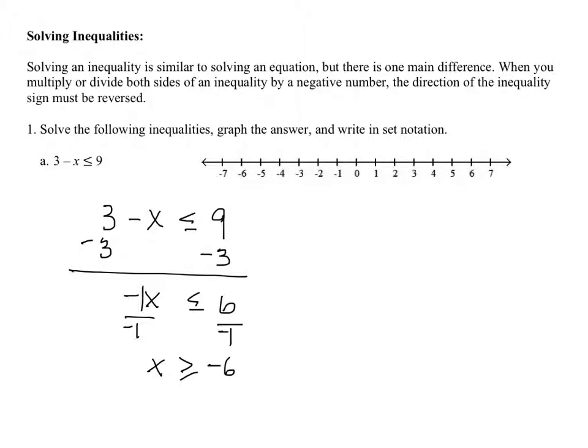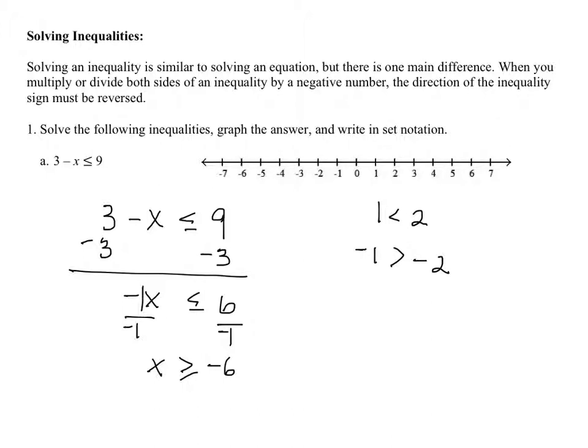Well, on a number line, if I think about it, 1 is less than 2. But what happens when I do -1, -2, which is the equivalent of multiplying or dividing both of these by -1? Ooh, -1 becomes greater. So see how that works.